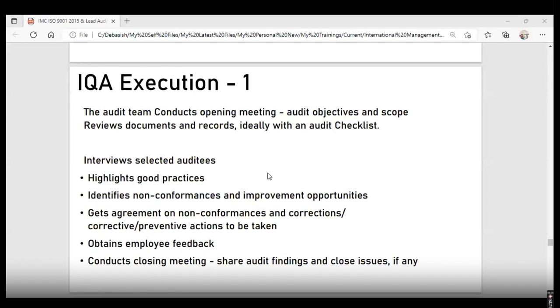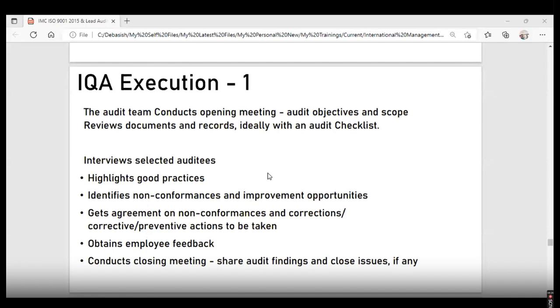IQA execution, part 1. The audit team conducts an open meeting on audit objectives and scope, and reviews documents and records, ideally with an audit checklist. There are a few areas covered under the IQA execution.